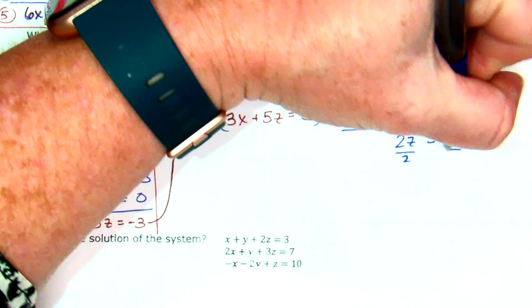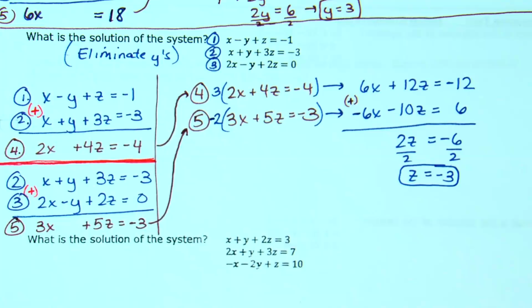If 2z equals negative 6, divide by 2, and z is negative 3. Once I can get an answer, I'm headed towards the end. I'm not going to create any new equations at this point. It's just a matter of using these pieces to find an answer.